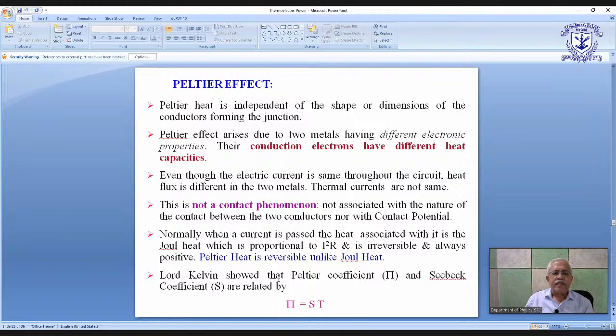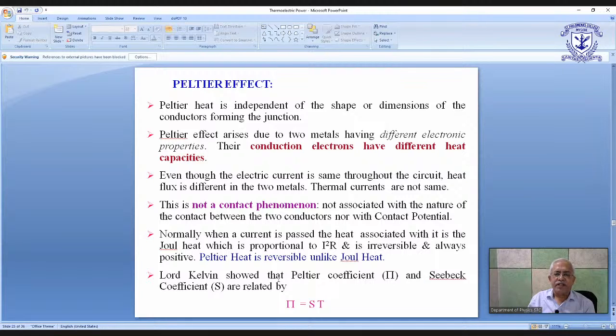Lord Kelvin was one of the most prolific scientists in the 19th century, that is the 1800s. He showed a very interesting connection between the Peltier coefficient and the Seebeck coefficient. Please remember that the Seebeck coefficient is associated with heating only: one junction is hot, the other junction is cold, then a potential difference is developed.